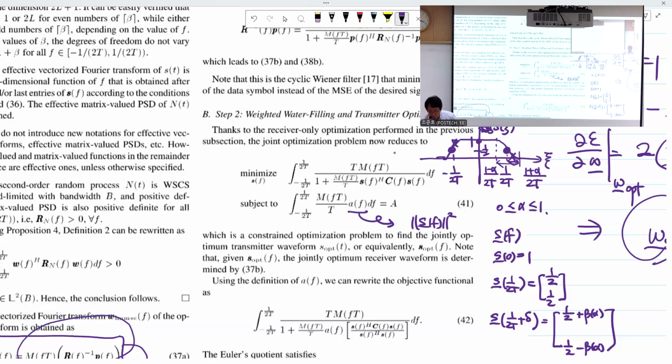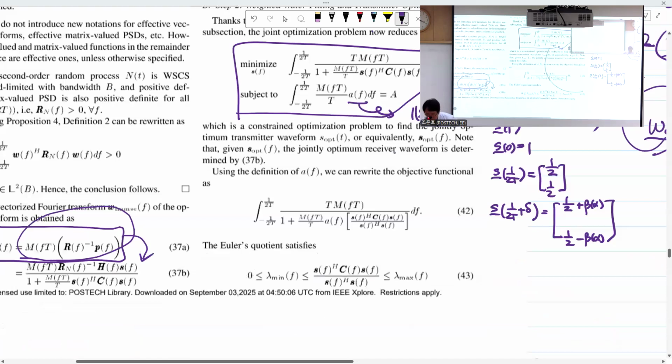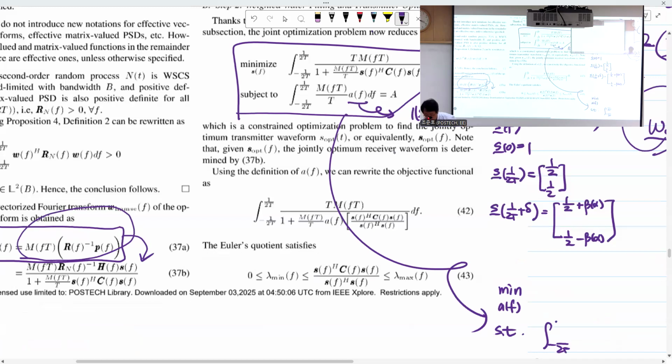So this one is now converted as, even though the paper does not say because it's too lengthy, minimization over A of f subject to exactly this one.